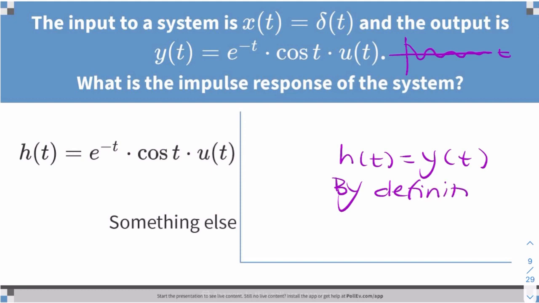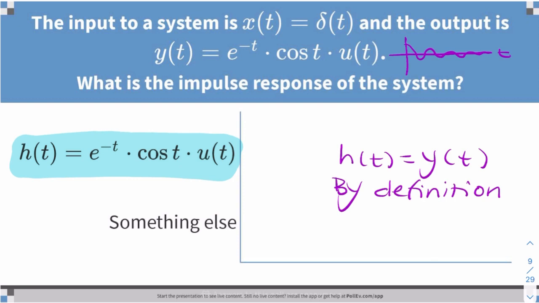So if you've been following, you'll probably find this question really silly. Particularly since I have only given you 2 choices. It's the silliest question ever, but I'm trying to stress this point: sometimes you don't need to do any work to find the impulse response. It's simply the output when the input is an impulse. And this is exactly the same as that. So that is your answer.